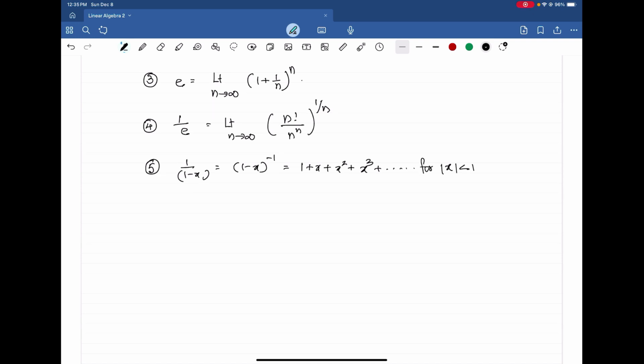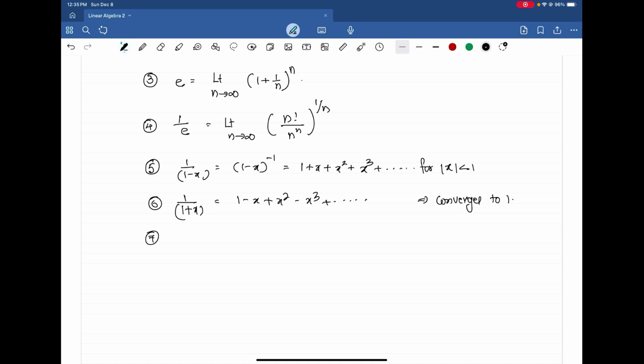For absolute x less than 1, 1 by 1 plus x is 1 minus x plus x square minus x cube plus so on. This is 1 by 1 plus x. It has a radius of convergence as 1. This value converges to 1.